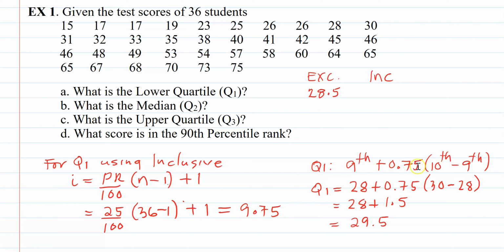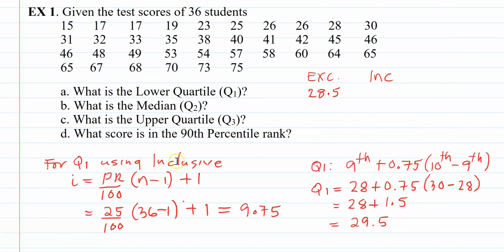So plus 0.75 times the difference between the 10th minus the 9th. So the score on the 9th position is 28, and then plus 0.75 times the score on the 10th is 30, and 30 minus 28 is 2, times 0.75 is 1.5, and then 1.5 plus 28 is 29.5.